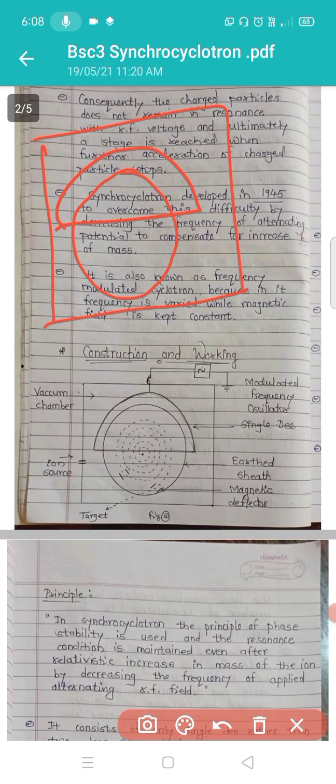The positively charged particles from a suitable source are injected at the center between the D and the metallic sheet.